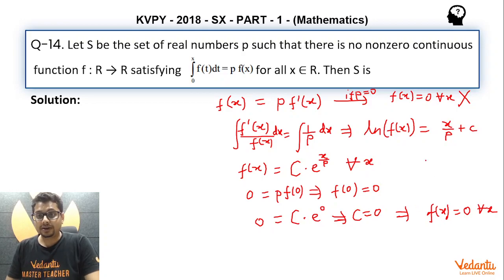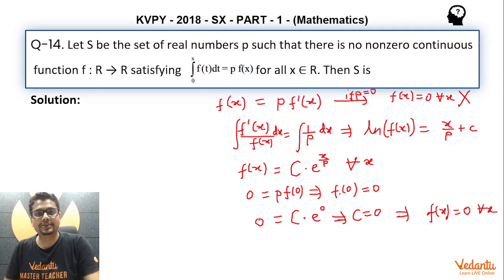So that means even if p is 0, then I'm getting the solution of this condition or equation to be f(x) being identically 0. And even if p is non-zero, then too I'm getting f(x) to be identically 0 for this condition to be satisfied.